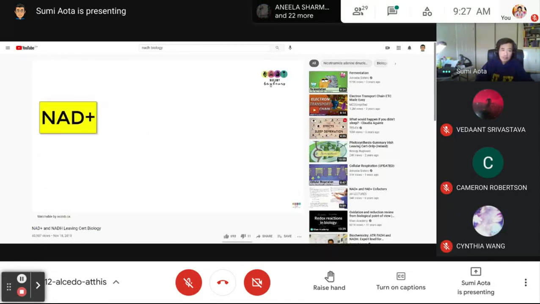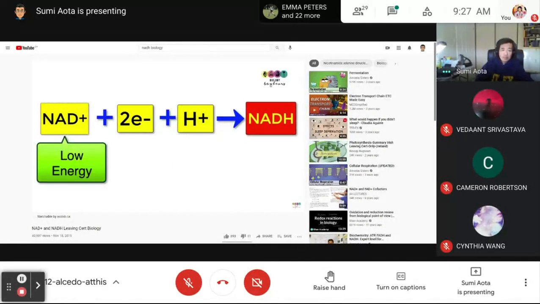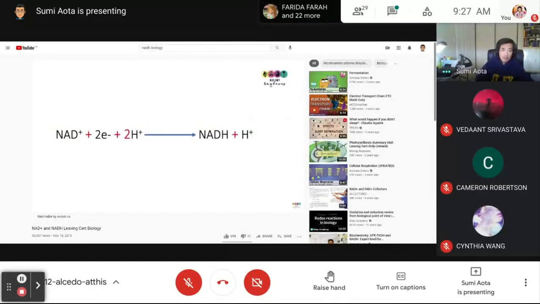So the details of this reaction are NAD+ will trap 2 electrons and 1 proton, remember they're coming from hydrogen atoms, and so is converted or is reduced to NADH. And when you compare NAD+ with NADH, we consider NAD+ to be a low energy molecule and NADH to be high energy. To make our equation perfect, we have to account for that one other proton. Remember, we're talking about pairs of hydrogen atoms, 2 electrons and 2 protons, so there's one other proton that needs to be added into the equation.